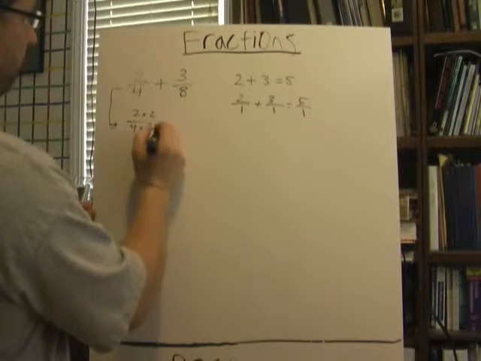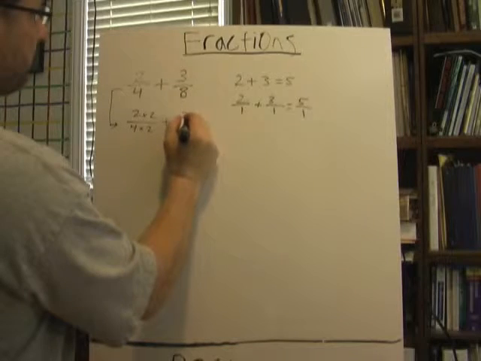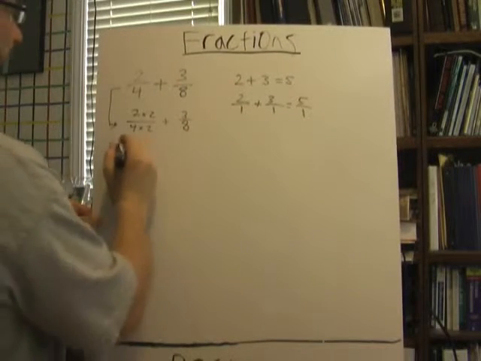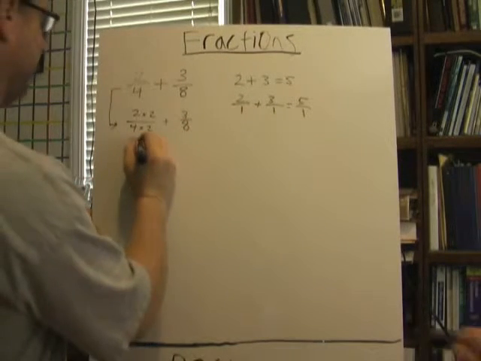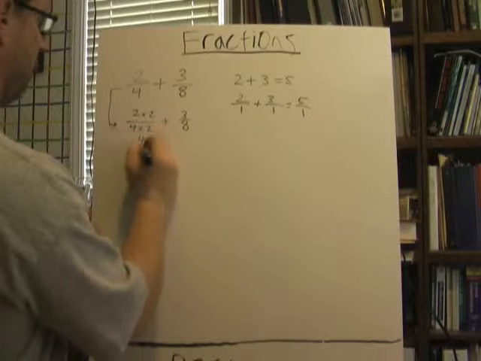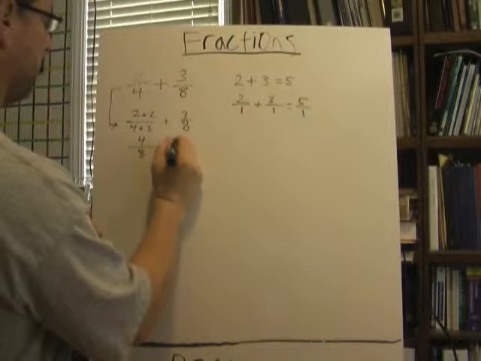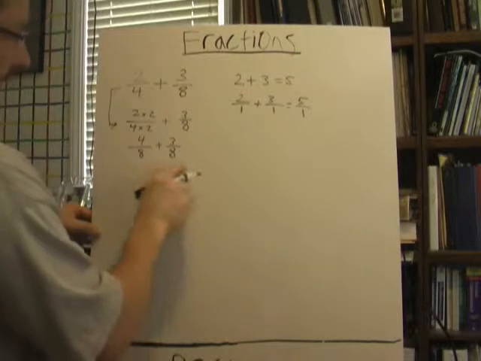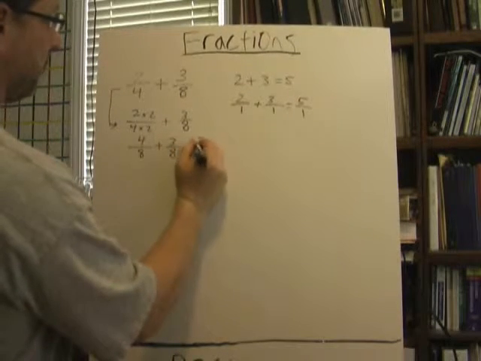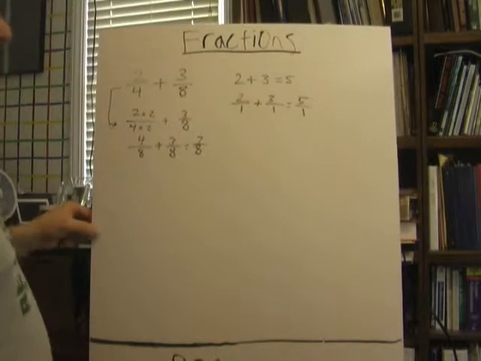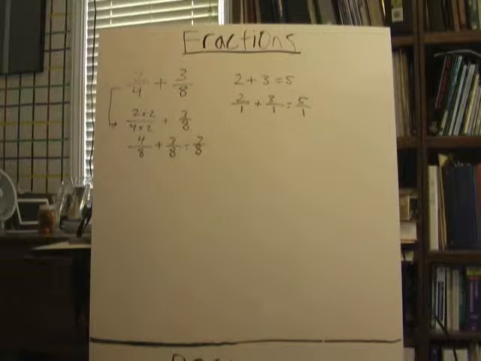So that's plus 3 over 8. The next line: 2 times 2 is 4 over 8 plus 3/8, common denominator, is equal to 7/8.